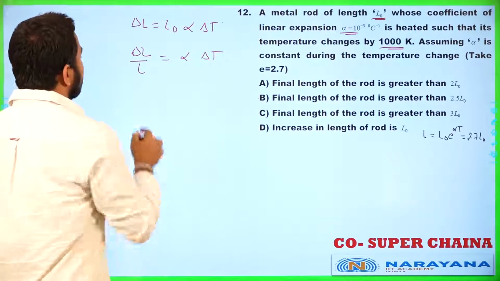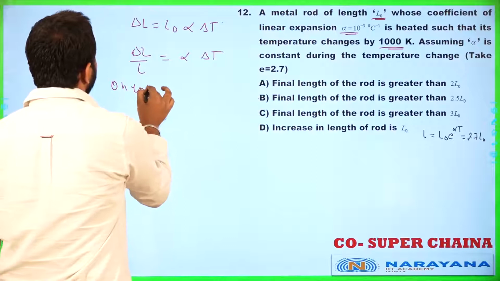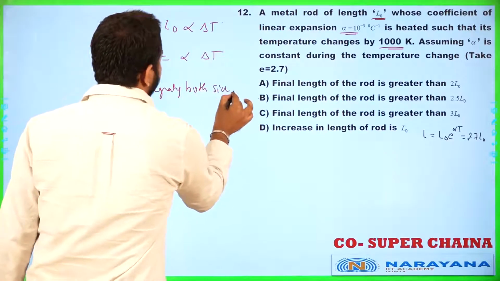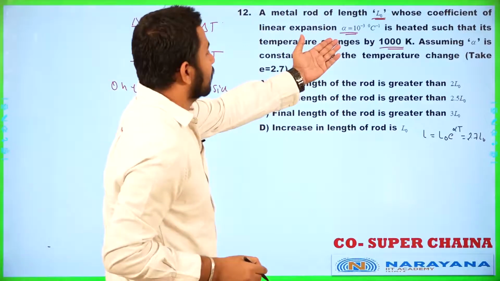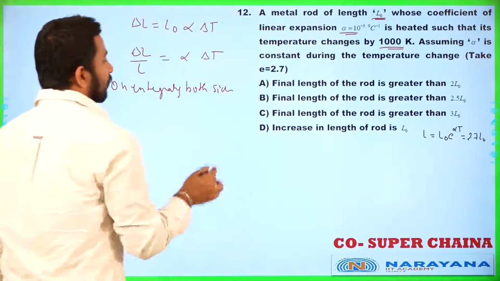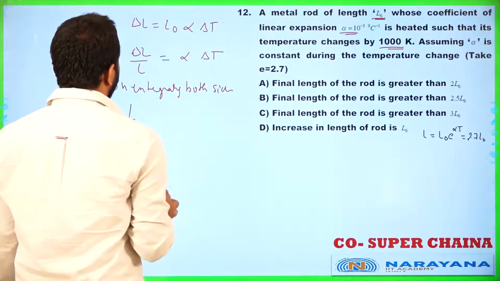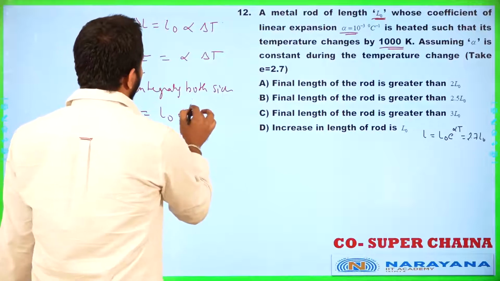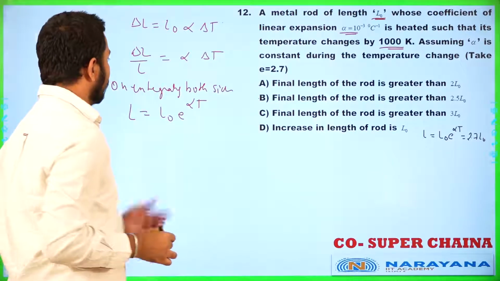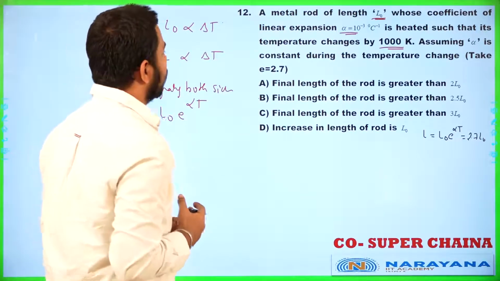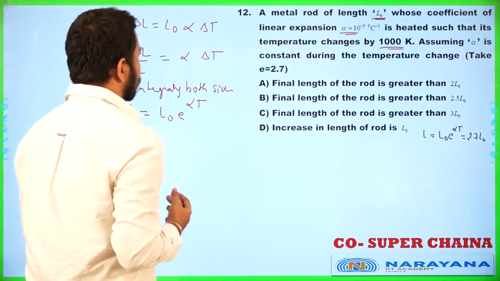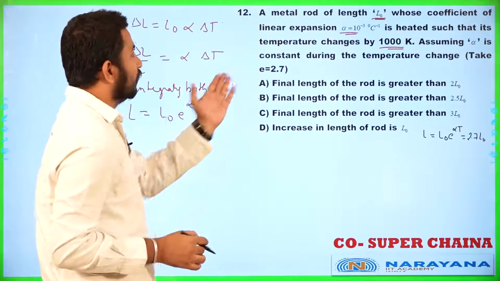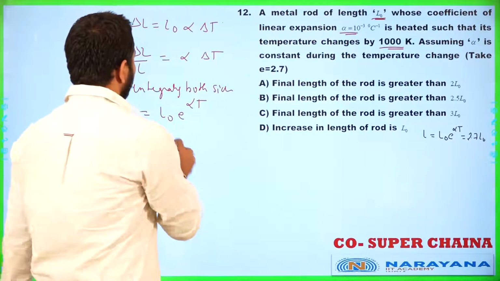Right? Now I can integrate both sides. On integrating both sides, this alpha is given as 10 to the power minus 3, and if we substitute it here, on integrating both sides we are getting L is equal to L0 e to the power alpha T. If you substitute the value of alpha T and the e value, what will we get?